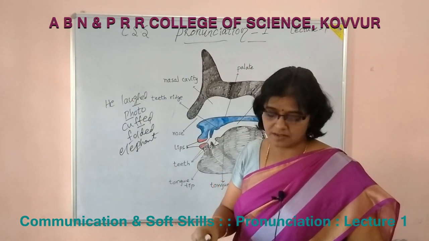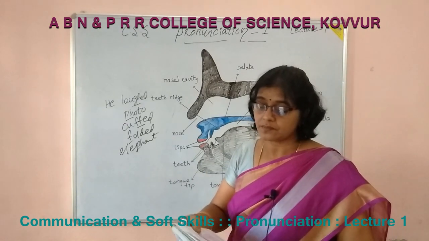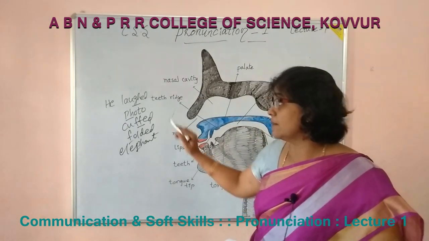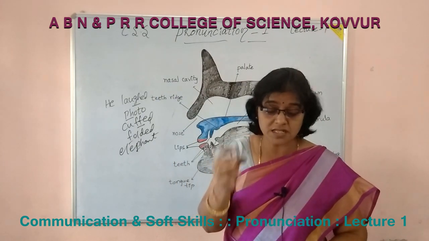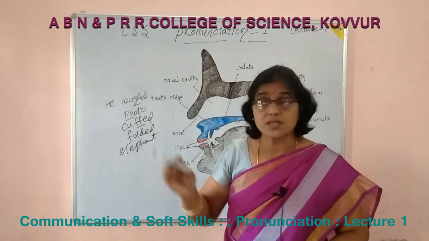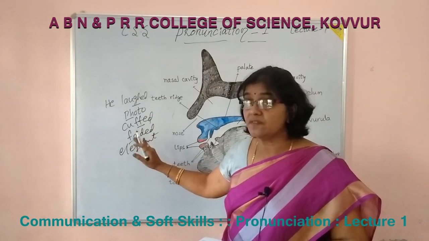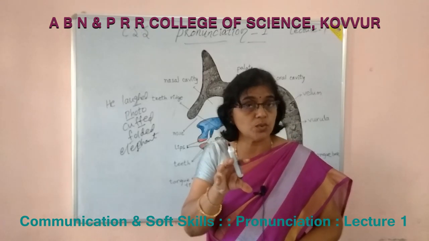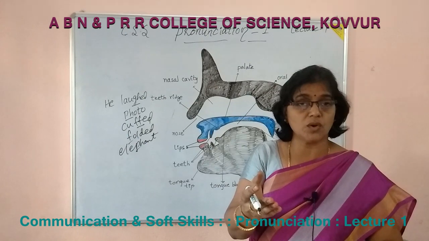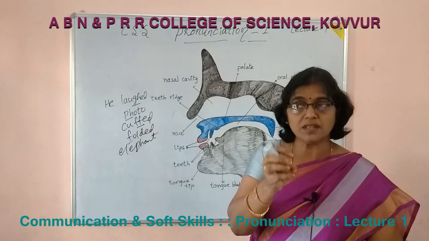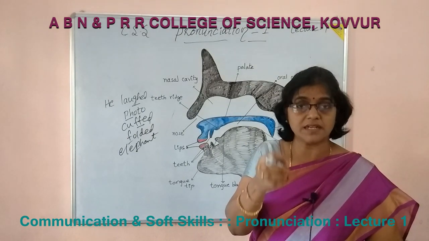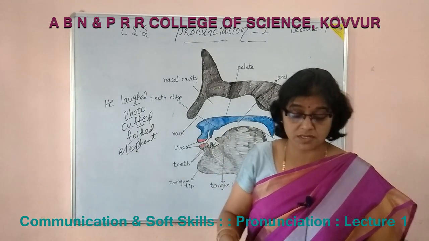Got my point? So, from that you can say that one letter can give so many sounds. I gave you this only as an example in order to know the difference between the words, letters and sounds.